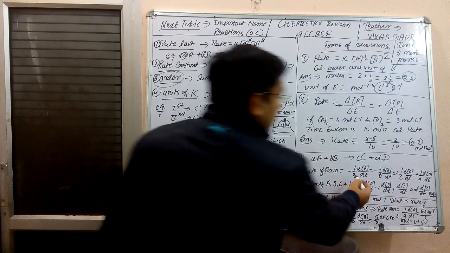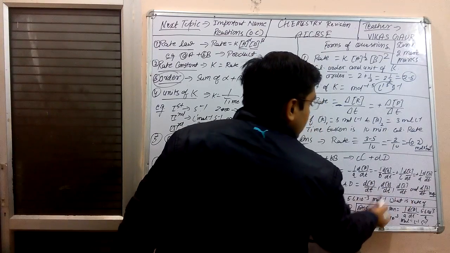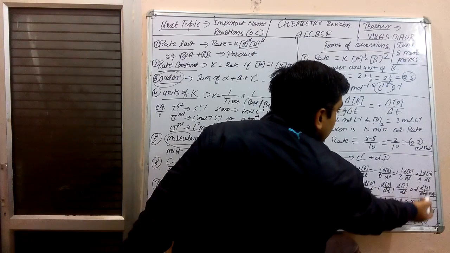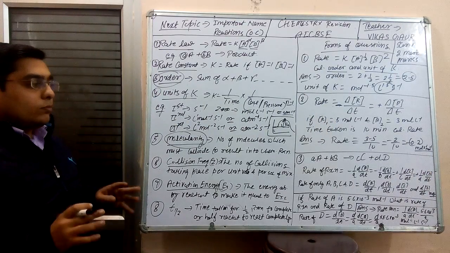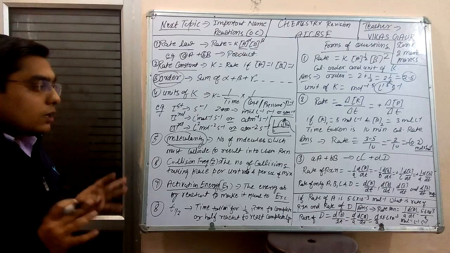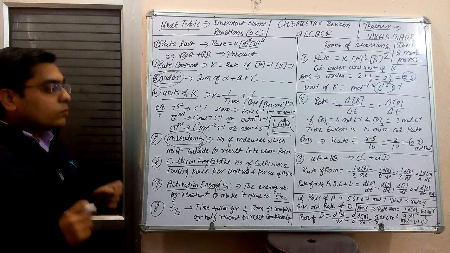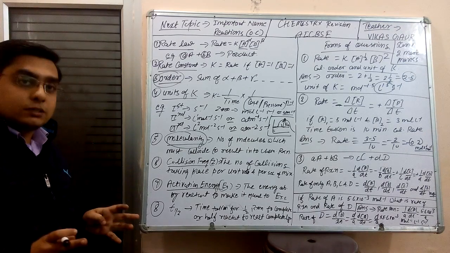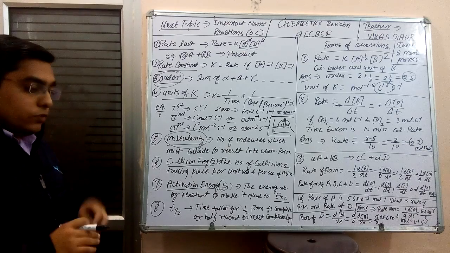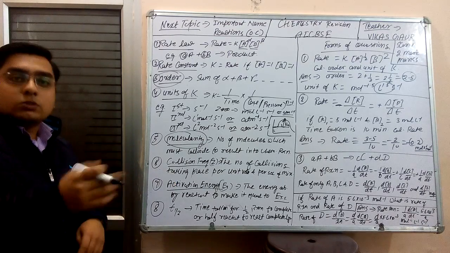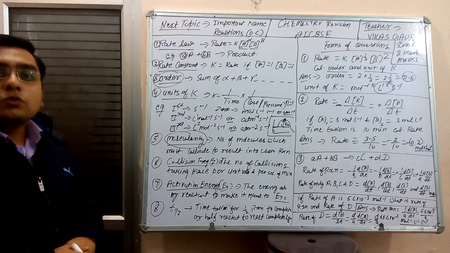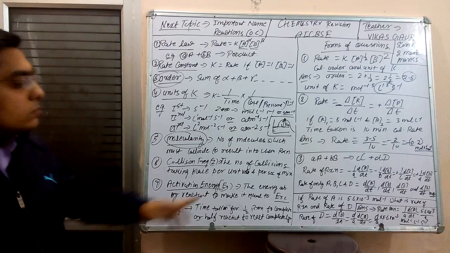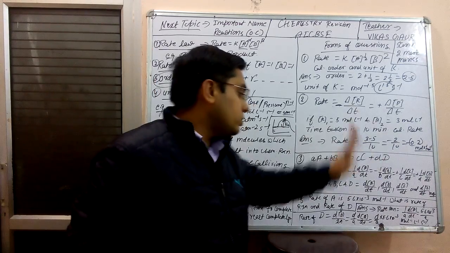But if we remove the a, b, c and d, meaning dA by dt, dB by dt, dC by dt, dD by dt, then these become the individual rates of A, B, C and D respectively, because they are not reacting or consuming or forming at the same rates. They are having different rates. If 1 mole of one is decreased, 2 moles of the other are formed. So if that is 1 mole per liter, then there will be 2 moles per liter forming. So this is made equal and called the rate of reaction.